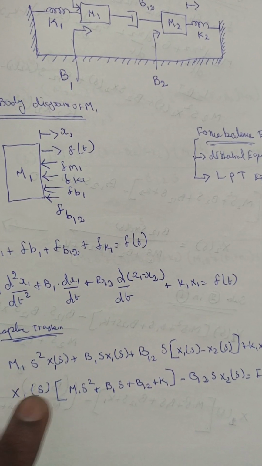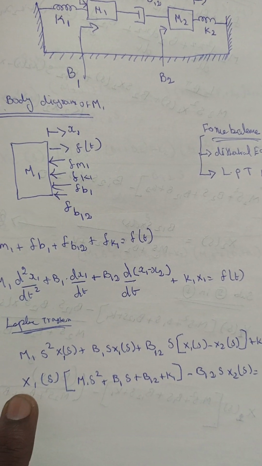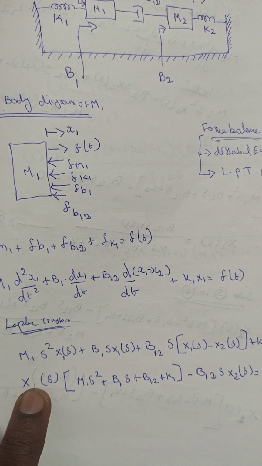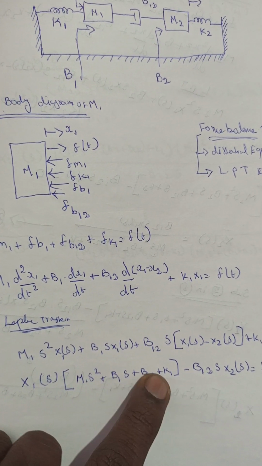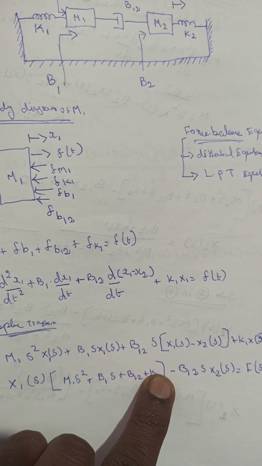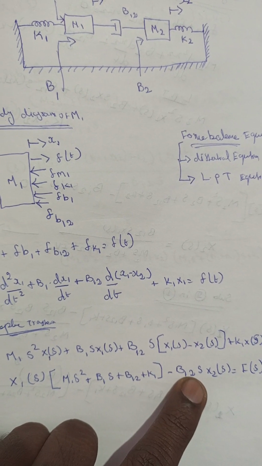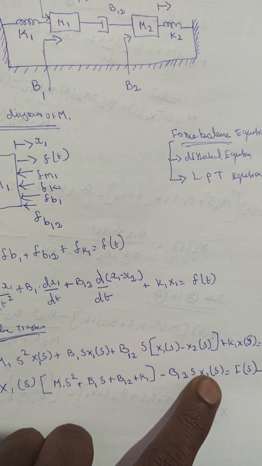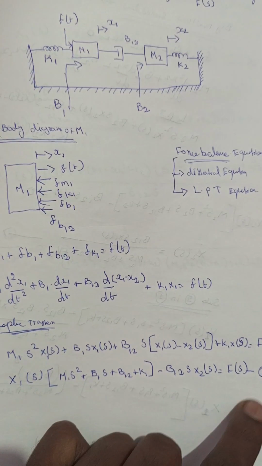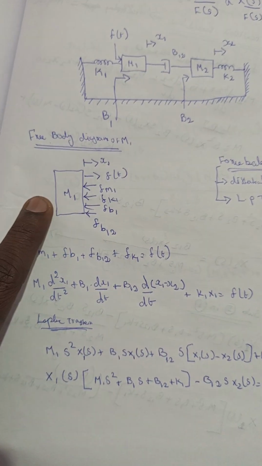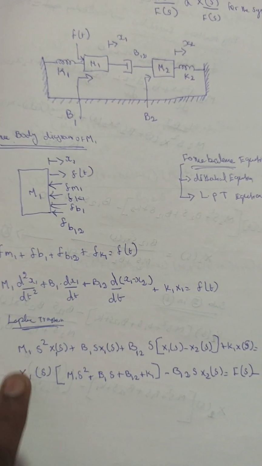After simplifying this, we take X1(s) out and we get (M1 s² plus B1 s plus B12 s plus K1) X1(s) minus B12 s X2(s) equal to F(s). We are keeping this as equation 1. So for the first mass M1, the equation is this one.